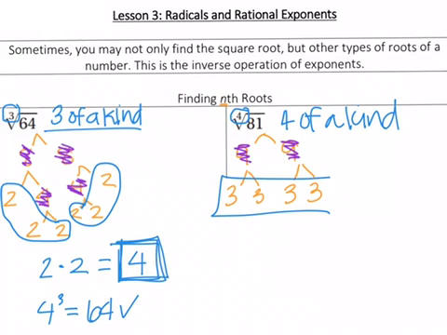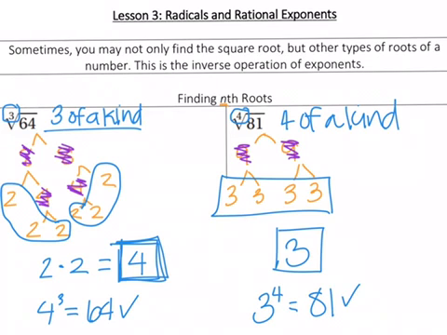That means all of our 3's. So we have 4 3's, so the fourth root of 81 is just 3. And again, to check your answer, you do 3 to the 4th power. So that would be 3 times 3 times 3 times 3. It's basically 9 times 9 if you simplify it, which is 81, and it's correct. But you're just looking at what your root number is, and that's how many of a kind you are going to find.